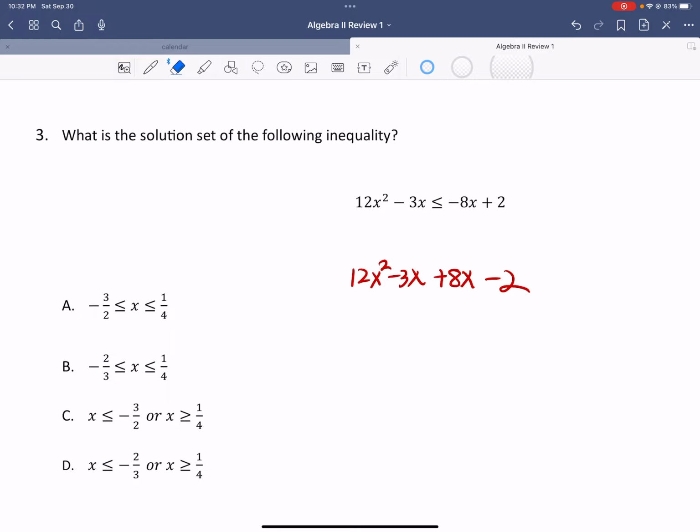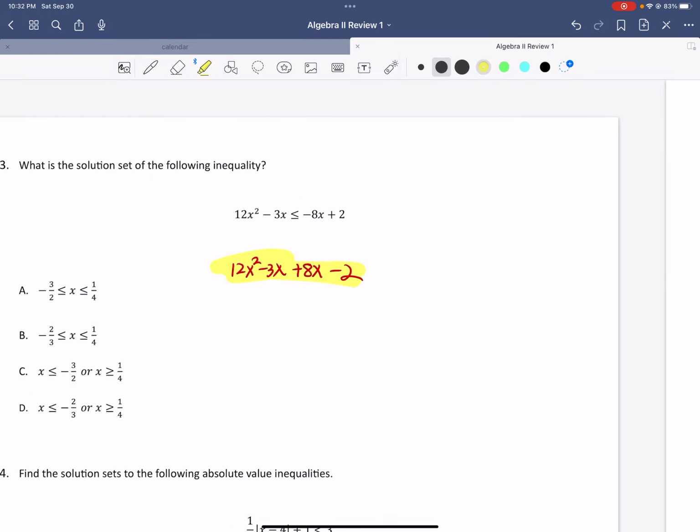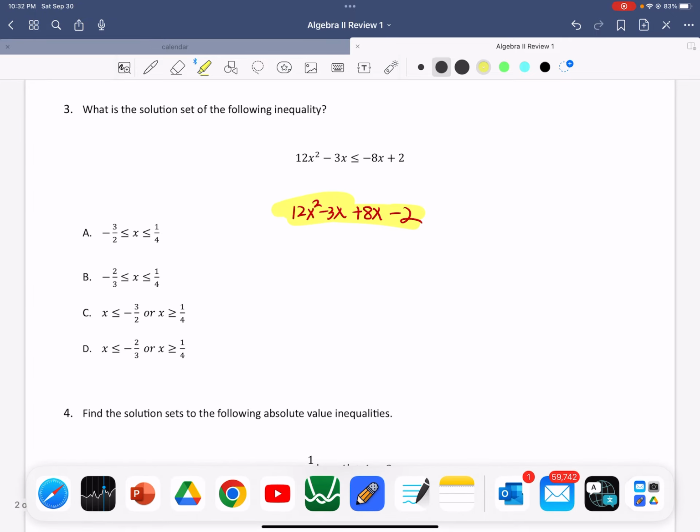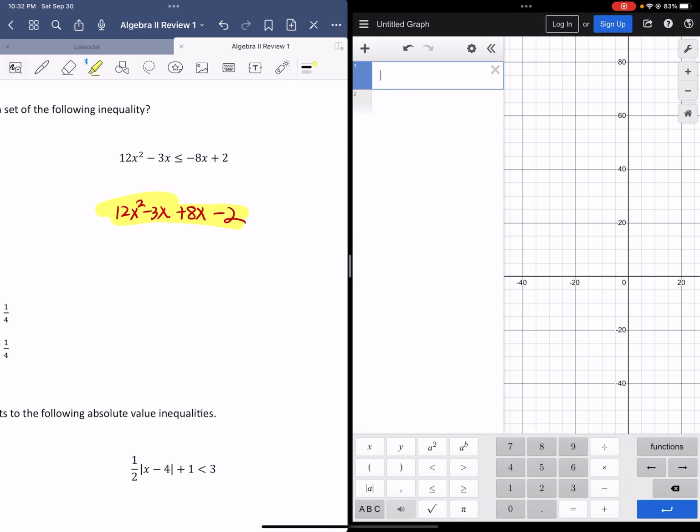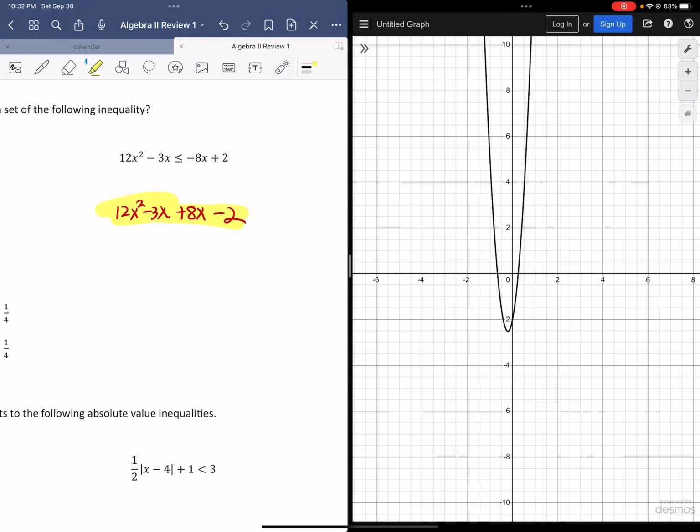What I'm going to do after this is put this into the decimals and see what x-intercepts I get out of it. So let's write this down: 12x squared minus 3x plus 8x minus 2. So here you go, we get this graph.